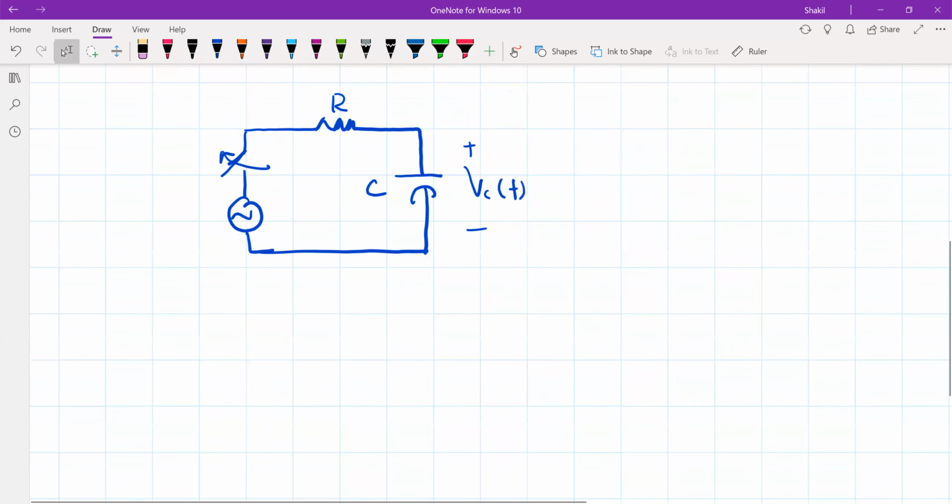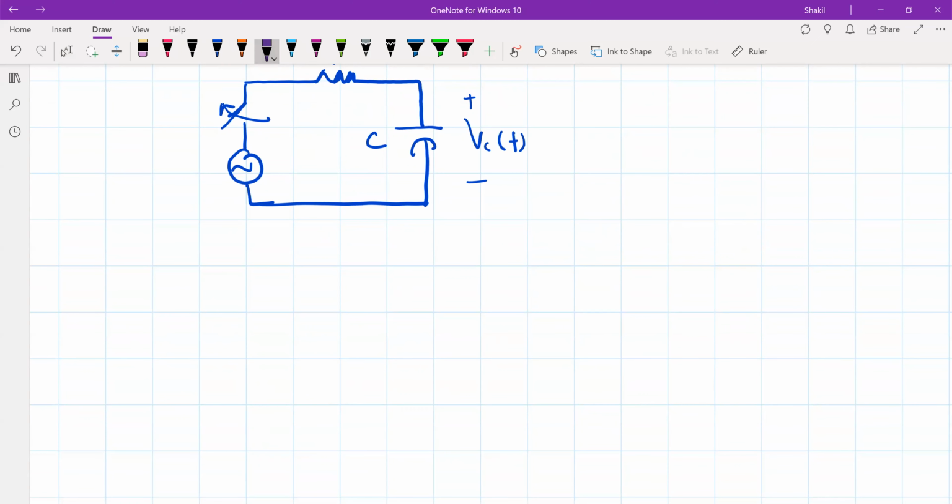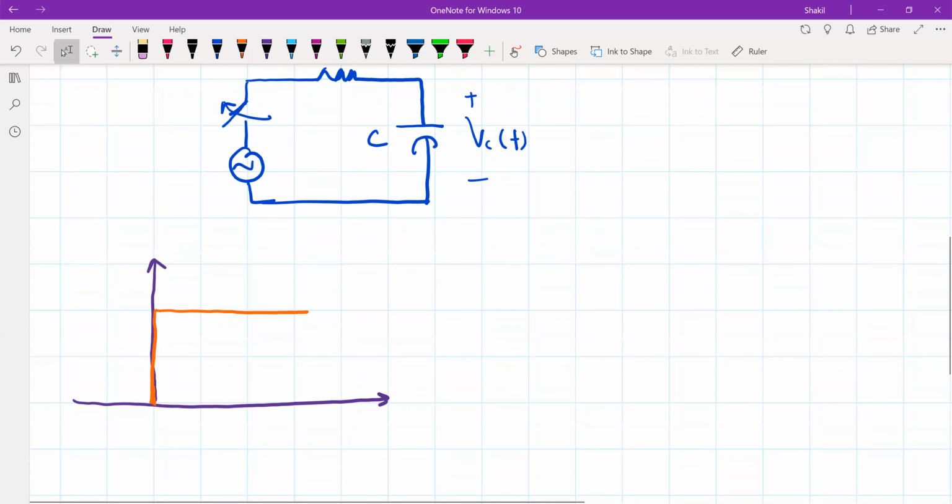Now suppose the input to this network or the system is simply a DC signal, and we turn on the system at t equal to 0. So what will happen here?